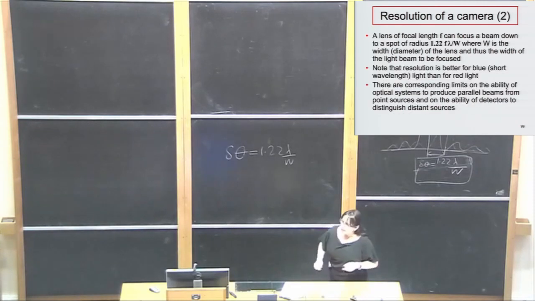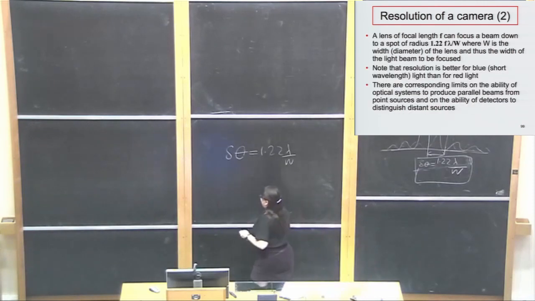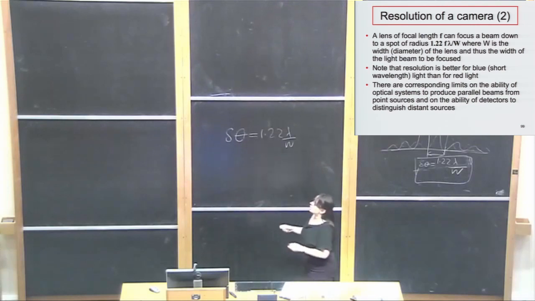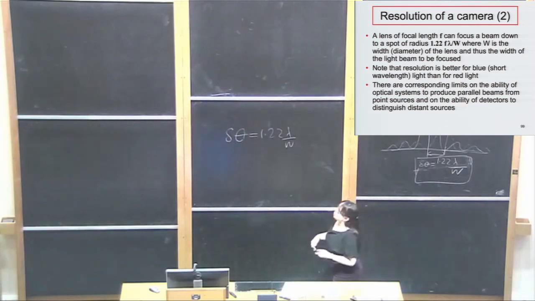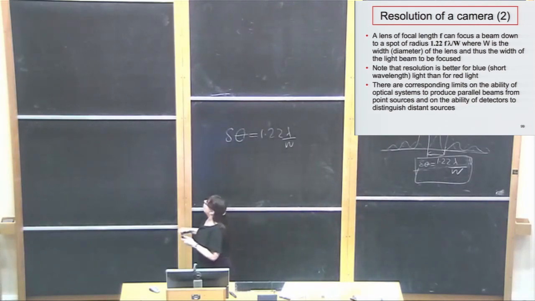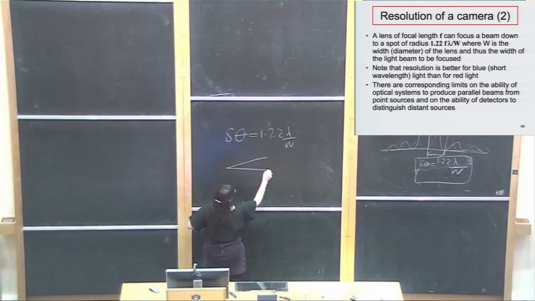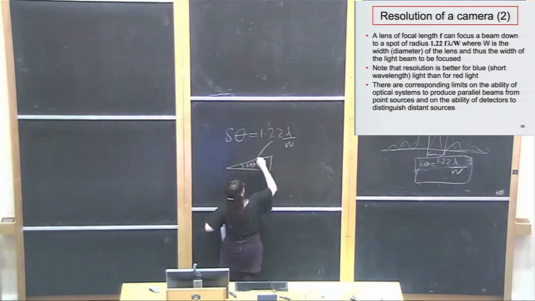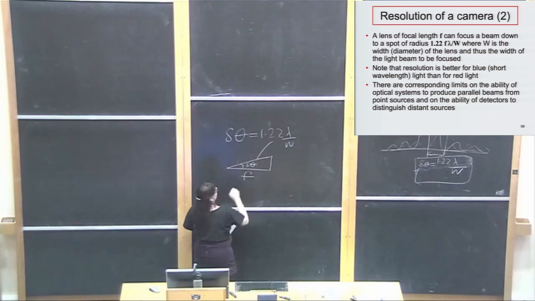So what does that mean in terms of the actual linear size of the spot that I see on my detector or my piece of paper? Well, what we've got going on here is some angular divergence, delta theta, where delta theta is given by that, and it's diverging for a distance f, the focal length.